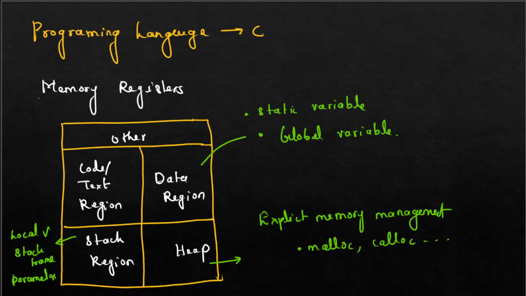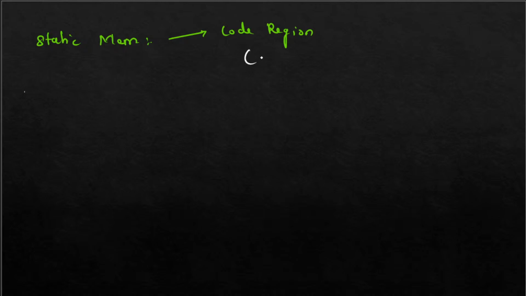Okay, now let's discuss static memory and dynamic memory. Static memory: the first is code region, this is for the system. And this is for data region.